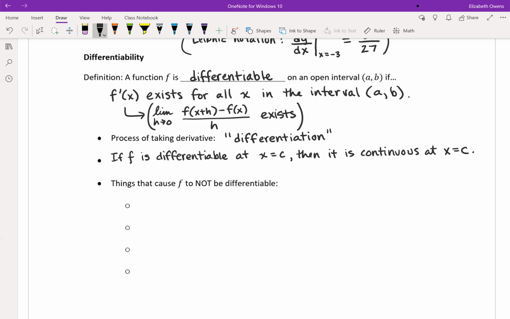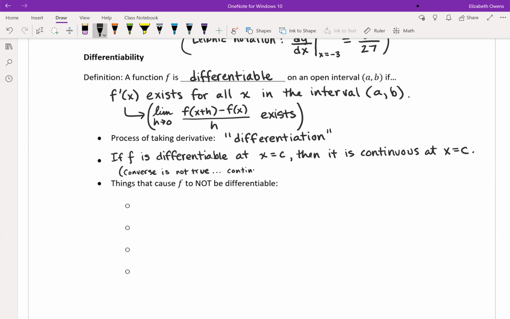Now, another good thing to know about this statement is that it only goes one way. If it's differentiable, then the function is continuous. It does not go back the other way. So if a function is continuous, that does not imply that it's differentiable. So make a little note here: the converse of this is not true all the time.